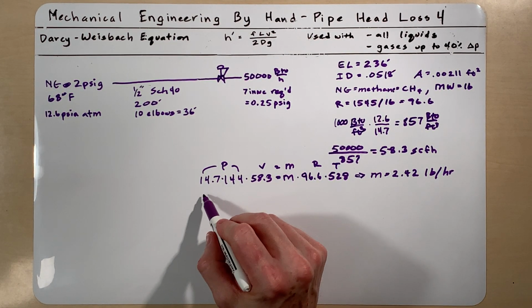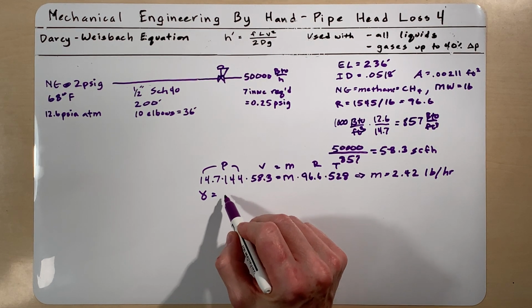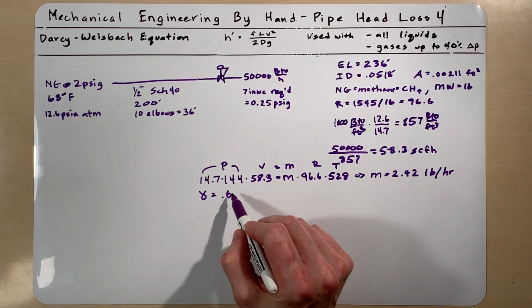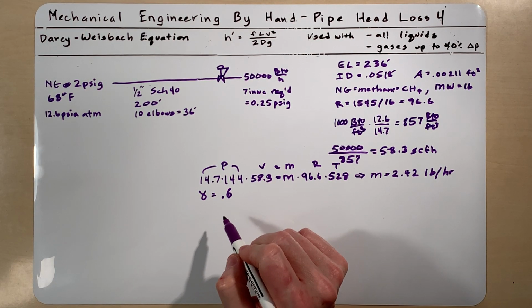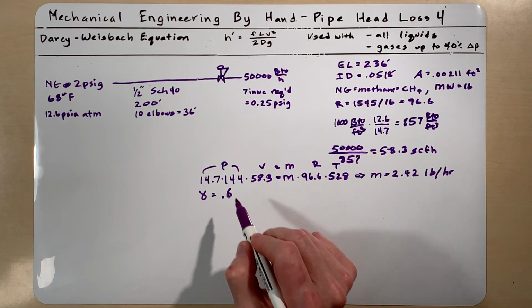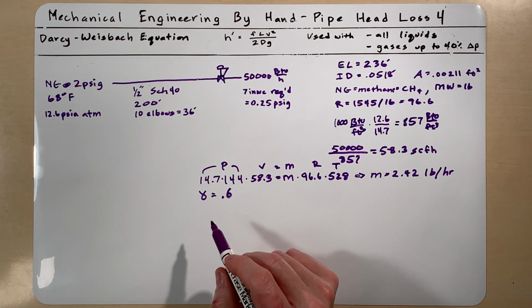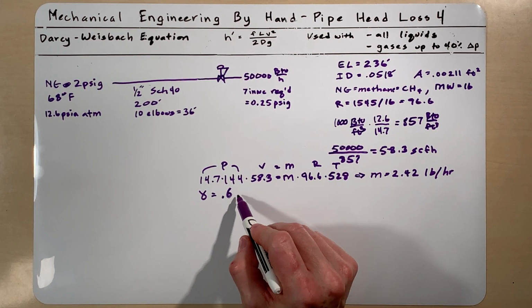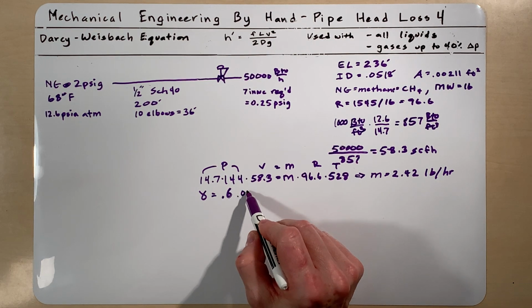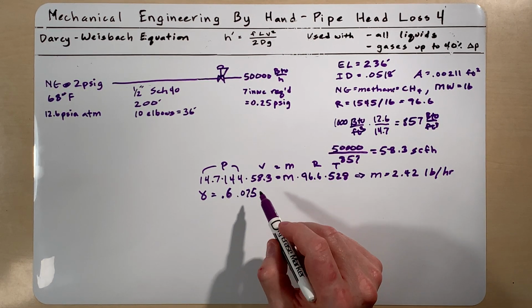And then the specific weight of this natural gas is typically 0.6 at sea level or standard conditions. Sorry, 0.6 is the specific gravity. So compared to air, it has 60% of the weight per cubic foot. And the standard weight of air is 0.075 pounds per cubic foot.